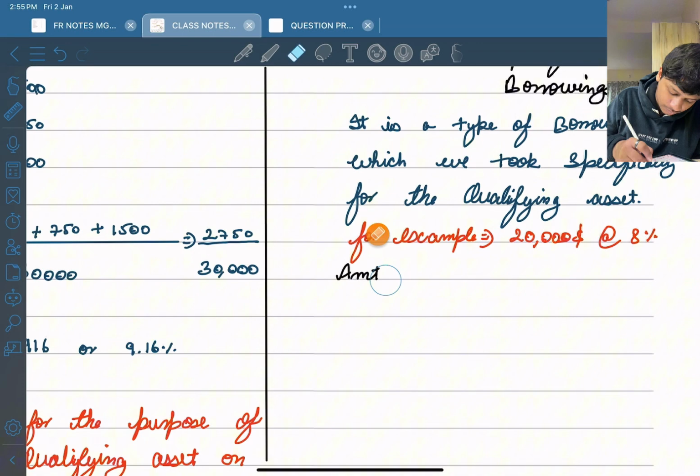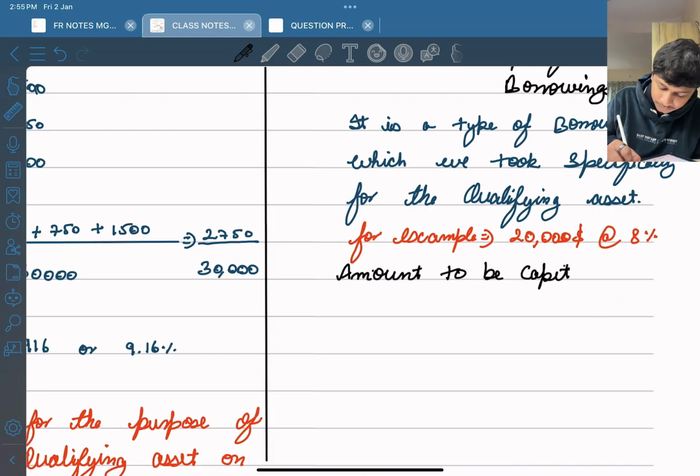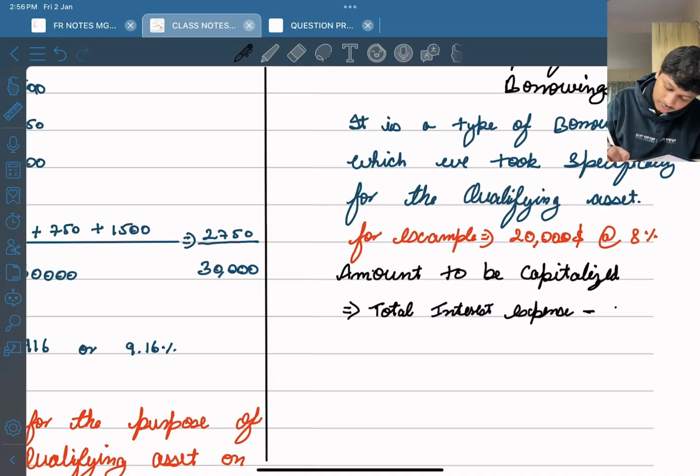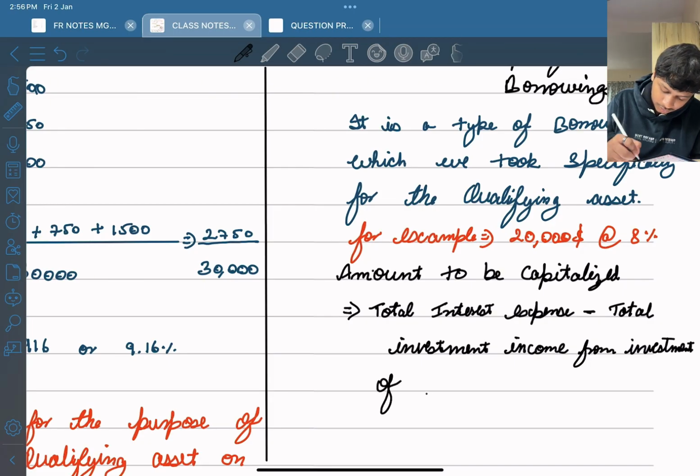Amount to be capitalized will be equal to total interest expense minus total investment income from investment of unused borrowings.